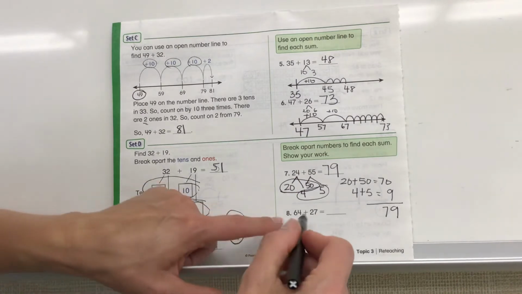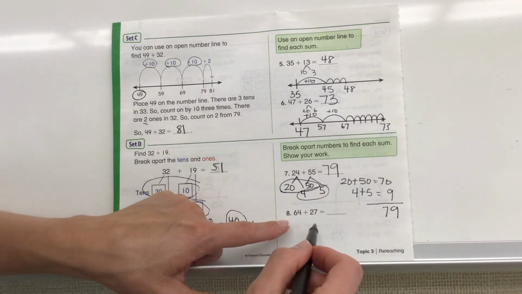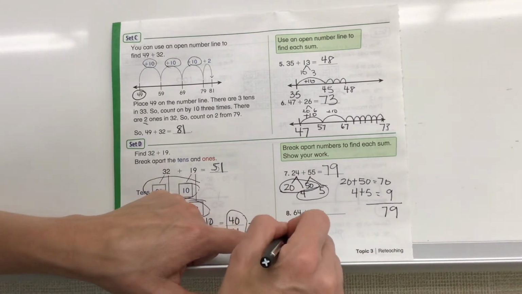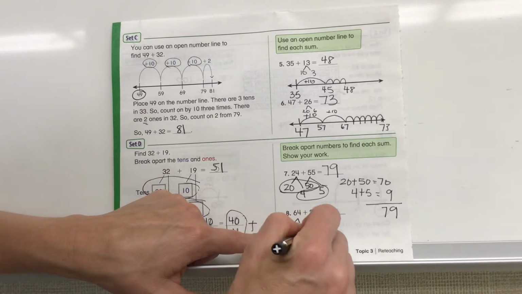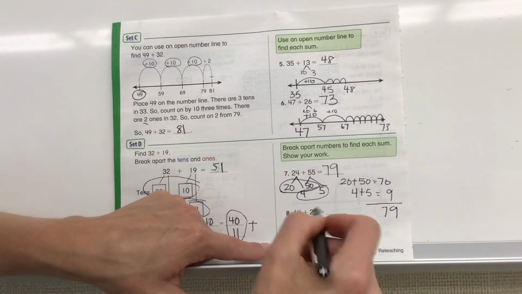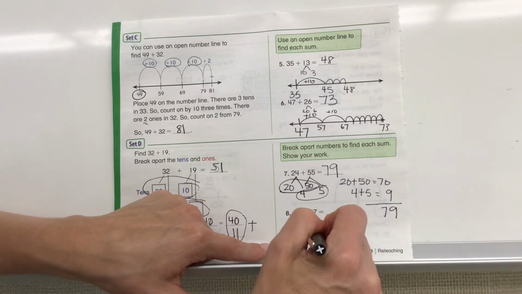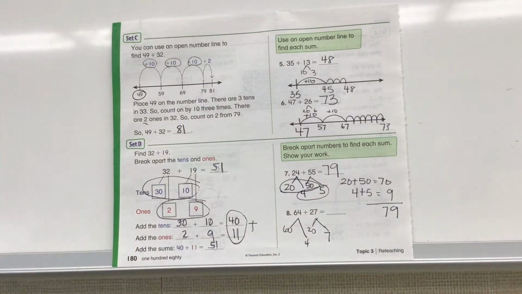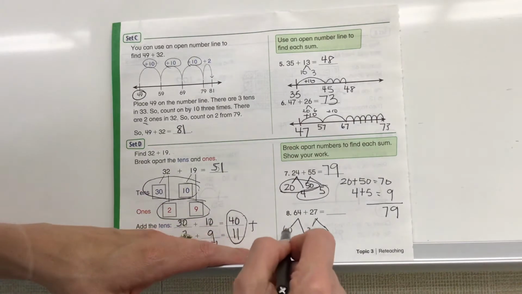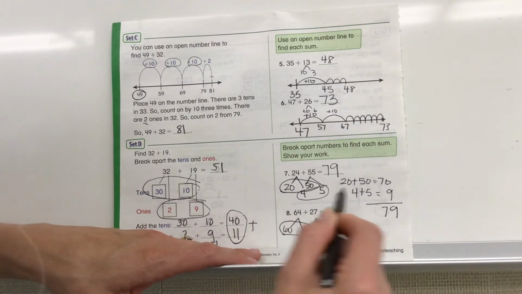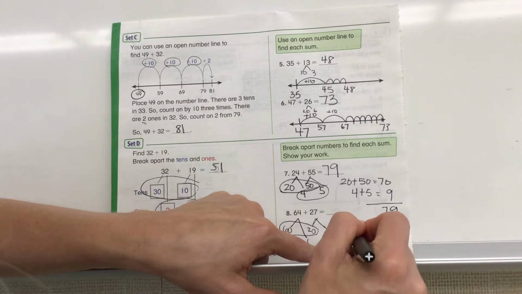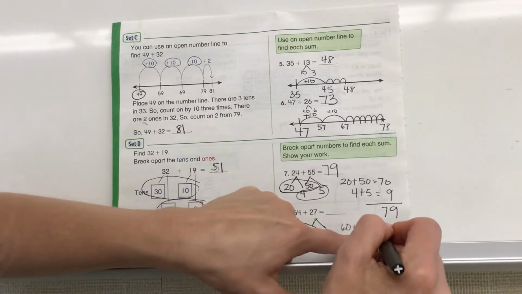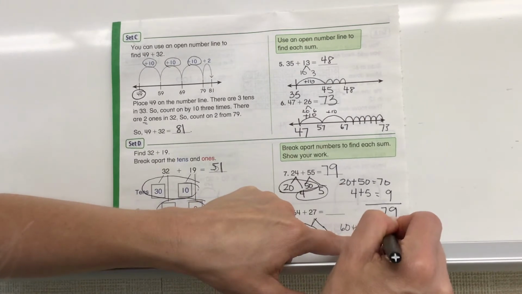Now let's go ahead and take a look at this one, 64 plus 27. I know that 64 is 60 plus 4, and 27 is going to be 20 plus 7. So I need to add together our groups of 10 first. 60 plus 20 equals 80.